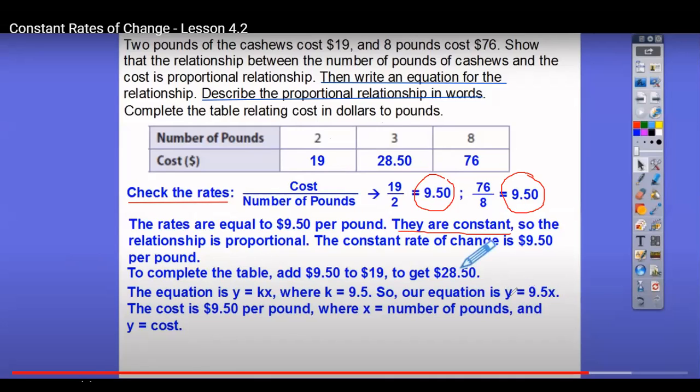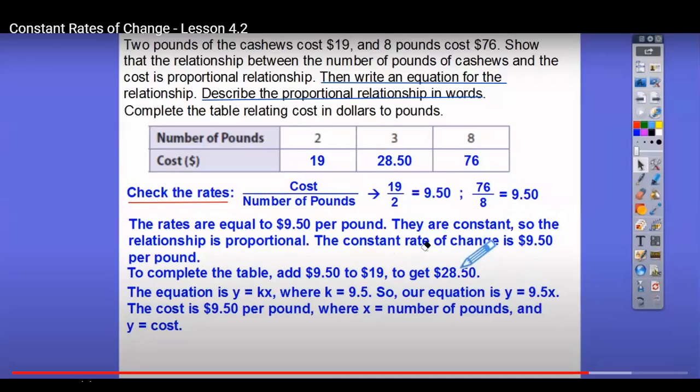Whatever the number of pounds, if you want to calculate 8 pounds, 9 pounds, 10 pounds, you are going to multiply by 9.5 to find the total cost.